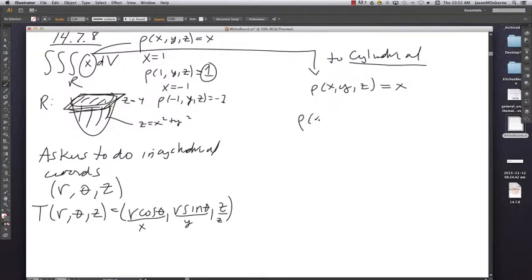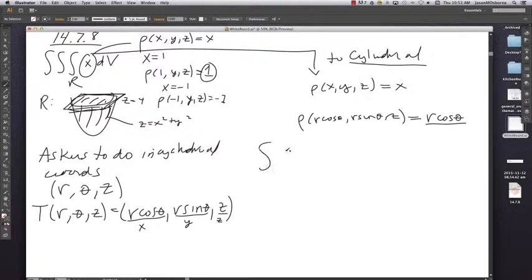So if I want to change variables, I let x equal r cosine theta, y equal r sine theta, and z equal z. Our density function in terms of the variables r, theta, and z is simply r cosine theta.